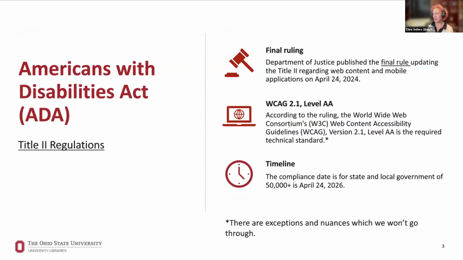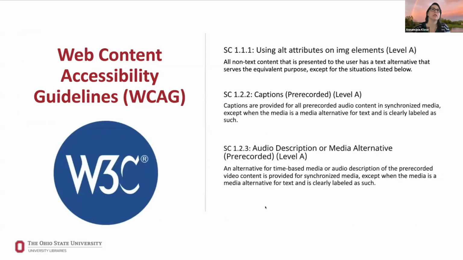So the ADA, their final ruling said that we have to comply with WCAG 2.1 level AA by next April 24th. Did you want to say anything more about that, Anna? No, I think we'll leave it at that because you've got a lot of great slides. So everyone, we are going to share our slides so that you can check things later.